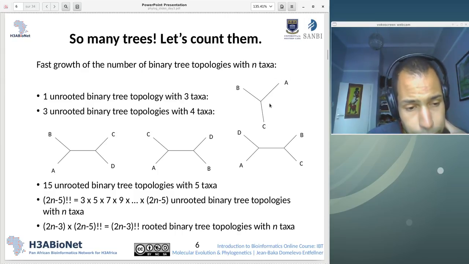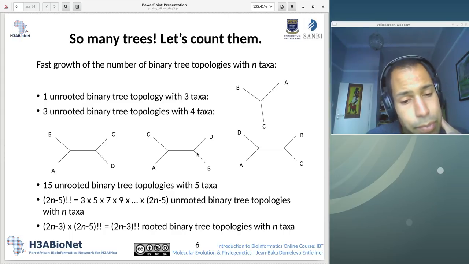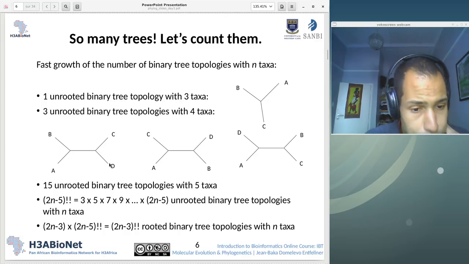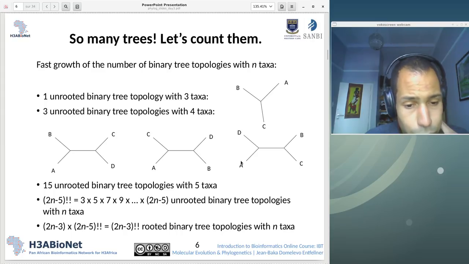In other terms, it's easy to build a phylogeny with 3 taxa from a phylogeny with 4 taxa, where you prune one of the taxa, okay? And similarly, to build these 3 phylogenies, in fact, what we have done is grafting a new taxon D on this phylogeny.